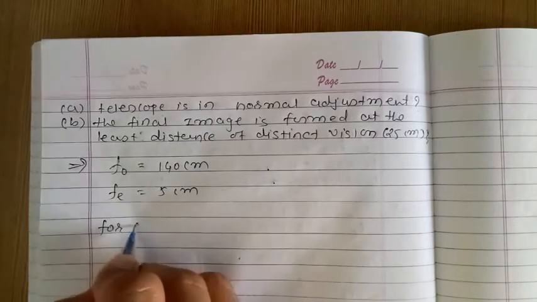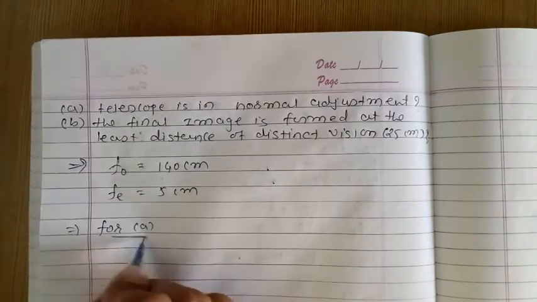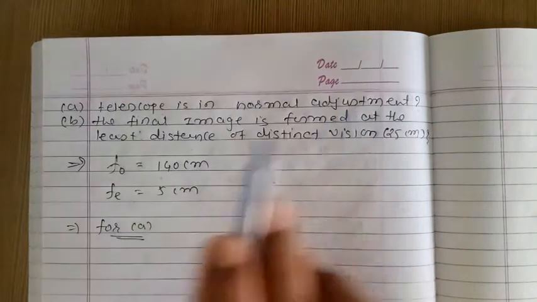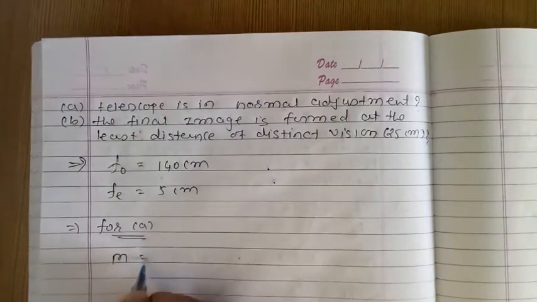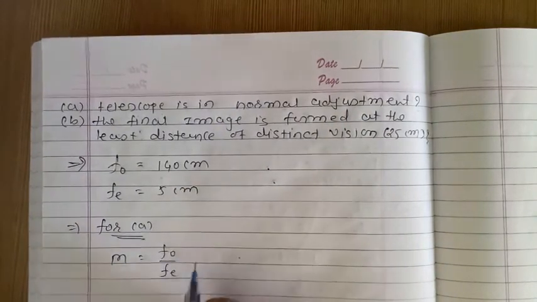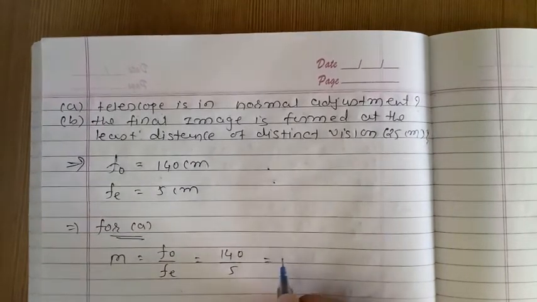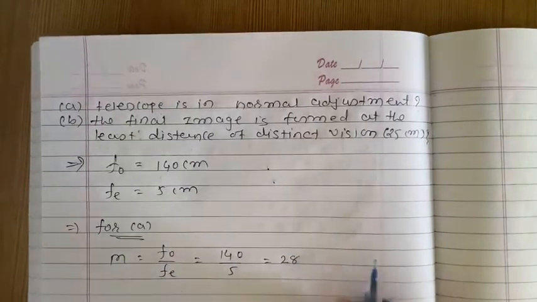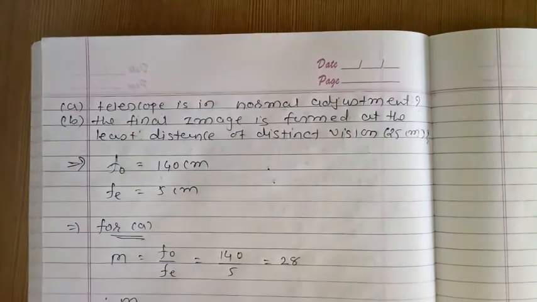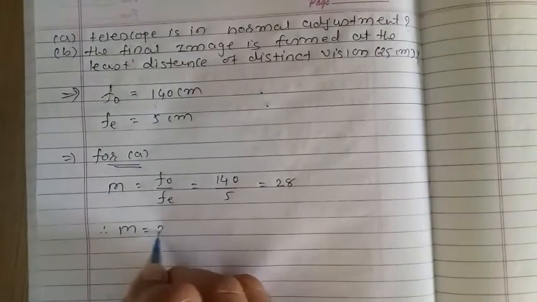Now for A, telescope in normal adjustment, m is equals to FO by FE, so 140 upon 5, so 28, right. So magnification m is equals to 28.